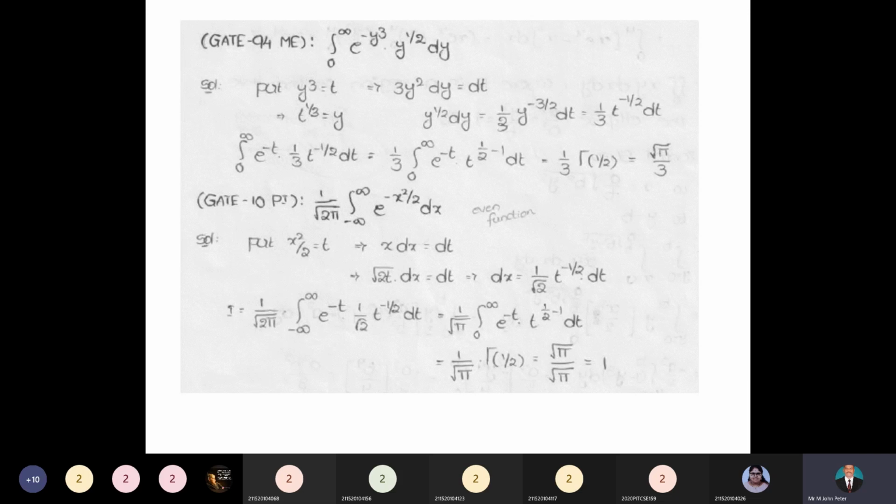So you'll get dx equal to 1 by root 2t. That t in the denominator we also take to the numerator, converting it to t power minus 1 by 2 into dt. So hence we get this function for the dx substitution. The other term, minus x square by 2, we can replace as t.